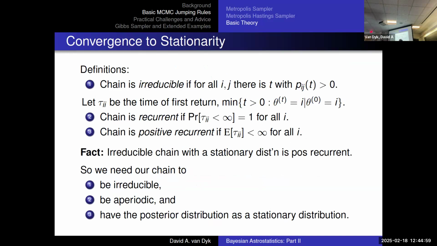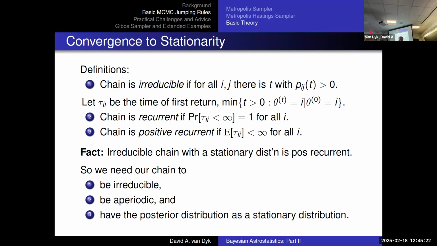The first is irreducible. Essentially what irreducible means is that anywhere I am in the parameter space, I have positive probability of getting anywhere else. I can't say that if I land here in the posterior distribution, I can't get there. Clearly, that would be a problem, so you have to be able to move everywhere. These are very simple, both of them.